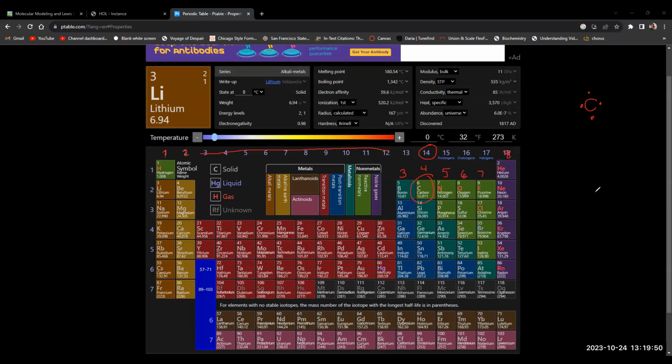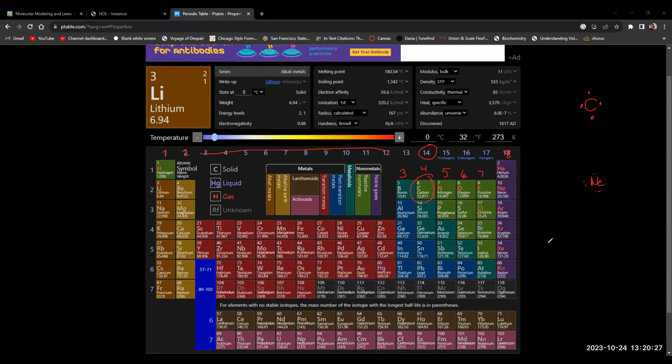So something like neon. Neon has 8 around it, and it's good. Elements like to keep or have 8 valence electrons around them. Does that make sense so far? Pretty simple. Nothing crazy yet.